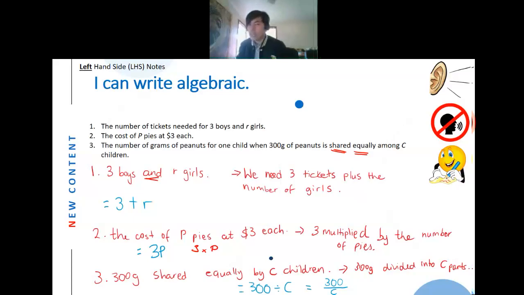Okay, that's definitely a division. So this is 300 grams divided into C number of parts. Okay, so 300 divided by C. Now another way to write division is we can write it as fraction. So it's going to be 300 over C. So remember, fractions is just another way to write division.